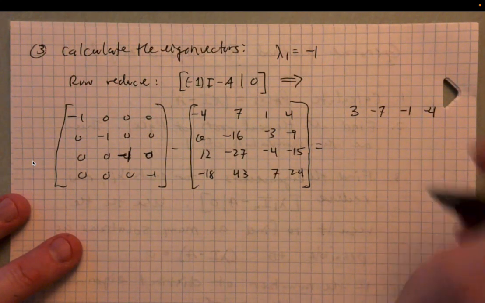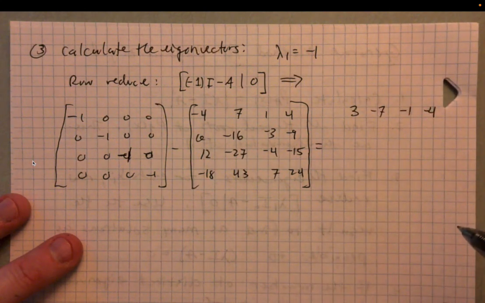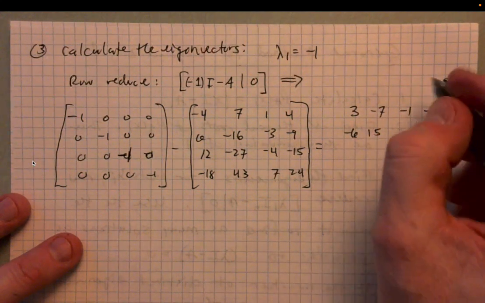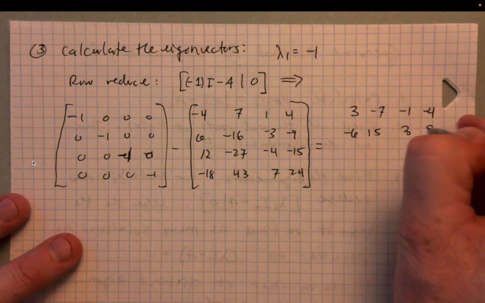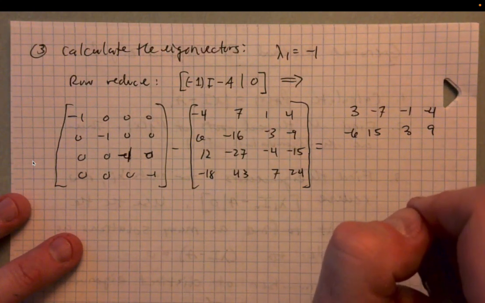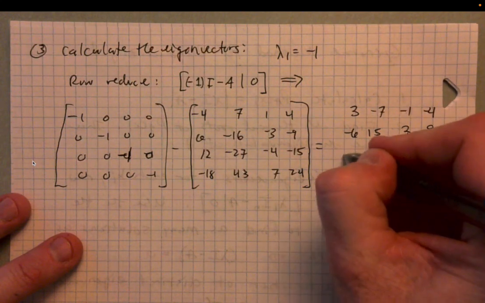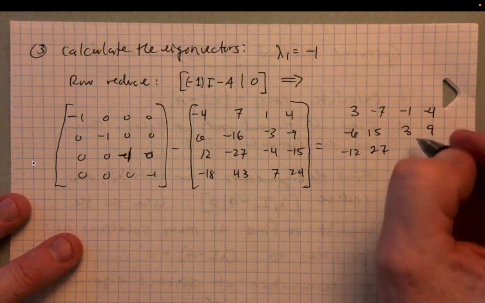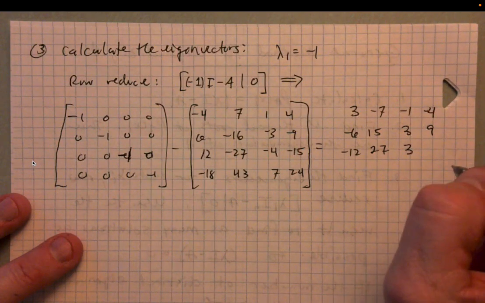Yes, 0 minus, yep. Okay, I just wrote that wrong. That's okay. And then you get -6 and 15, -3 and -9. I think it should be 3 and 9, actually. And then you get -12 and 27. And then you get 3 and 15.